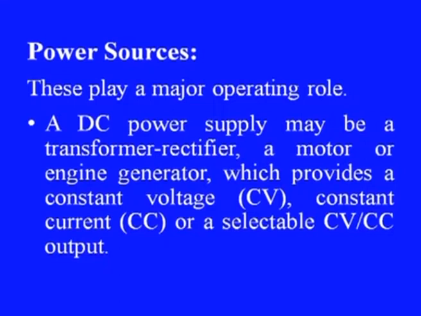Generally, a DC power supply may be a transformer rectifier, a motor or engine generator which provides a constant voltage, constant current, or a selectable constant voltage, constant current output. AC power supplies are generally transformer types and may provide either a constant current output or a constant voltage square wave output.